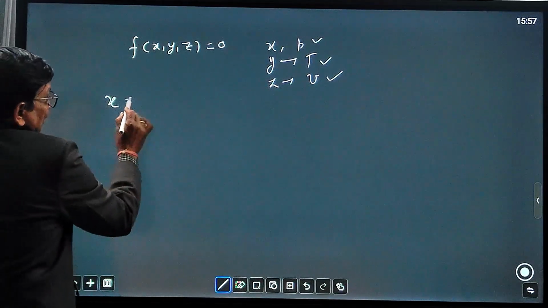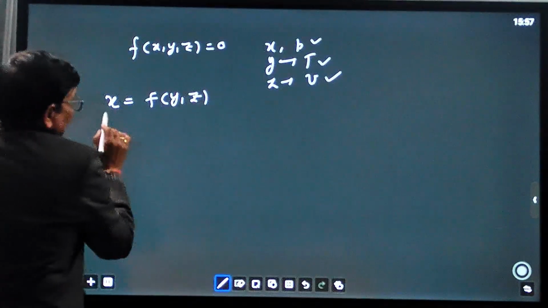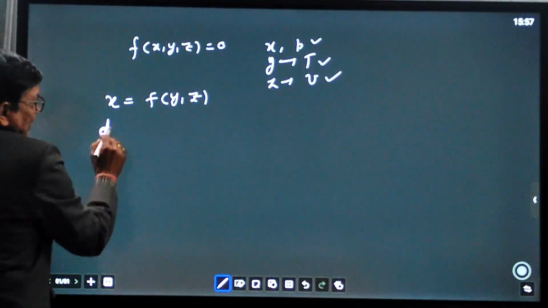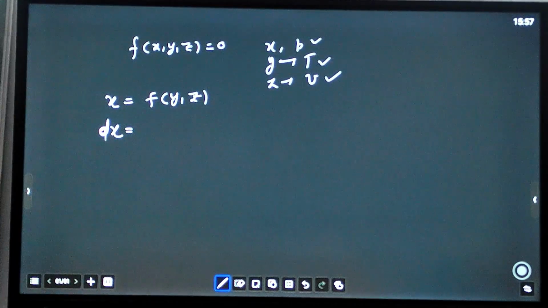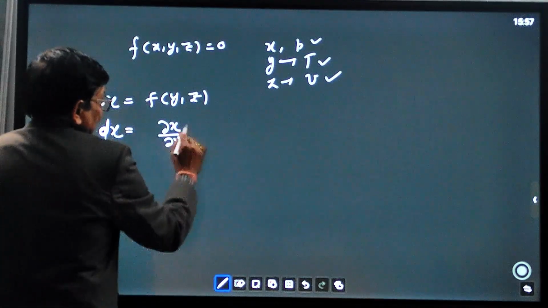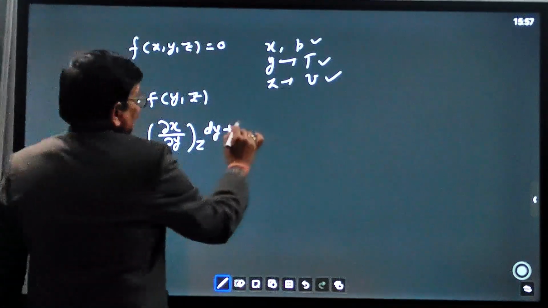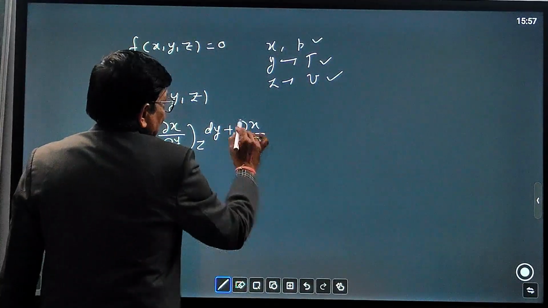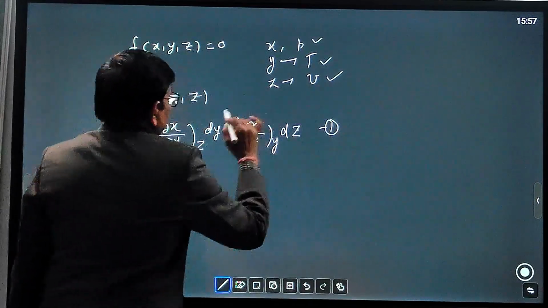First we define x. x is a function of y and z. We can take the exact differential dx by using mathematical properties: dx equals (∂x/∂y) at constant z dy plus (∂x/∂z) at constant y dz. This is equation number 1.